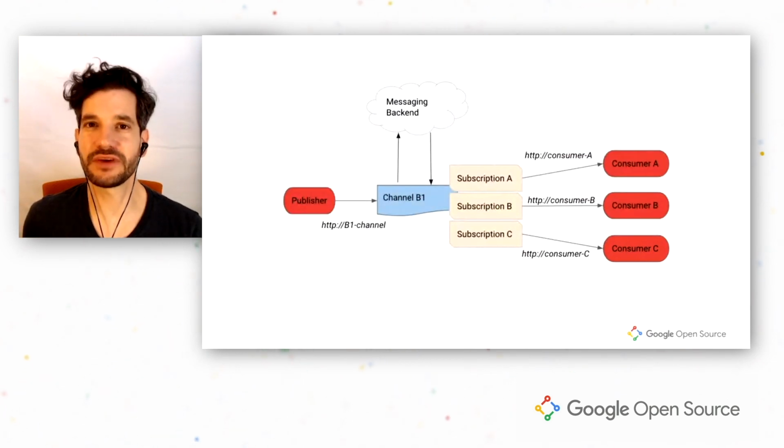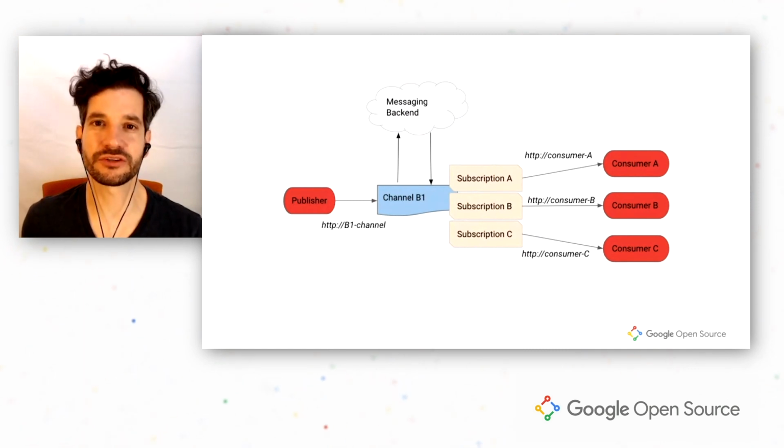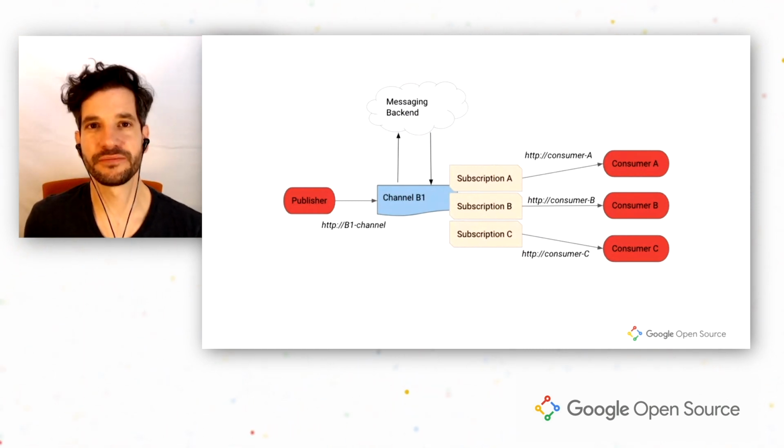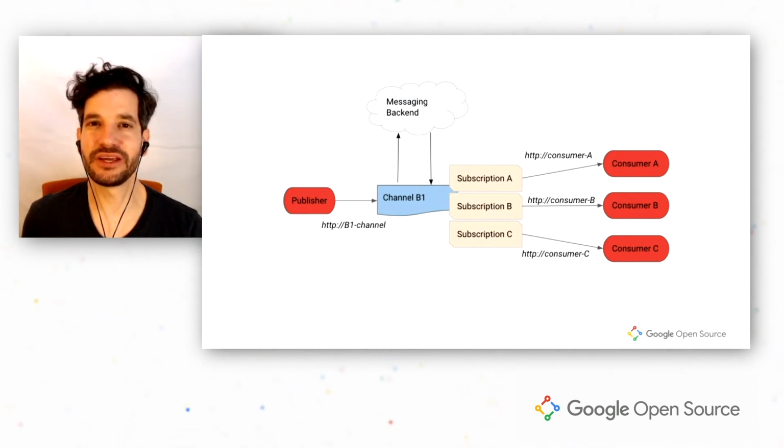To receive events from a channel, we create a subscription object, which is like a trigger, except it doesn't have a filter. Each subscription receives every event that's published to a channel. The channel keeps track of event deliveries and failures to make sure that each event is delivered at least once to each subscription's consumer.